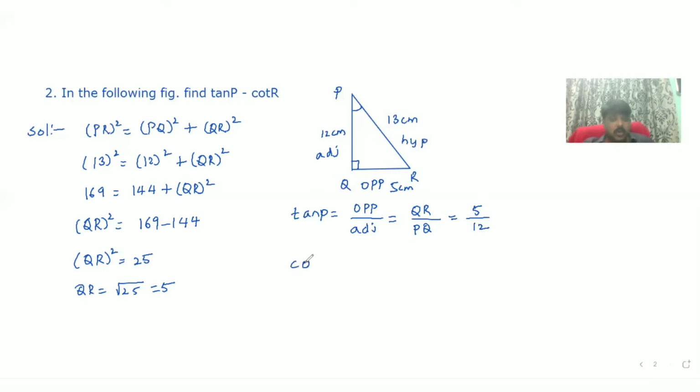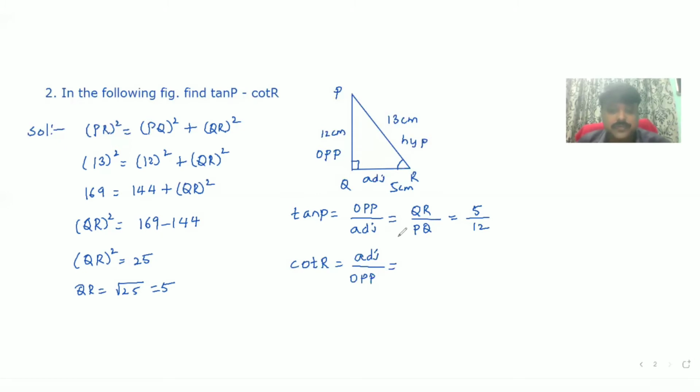Now he asked about cot R. Now the story changes here. For angle R, PQ becomes the side opposite and QR becomes the side adjacent. That means, what is cot of an angle? It is adjacent to the angle by opposite to the angle.